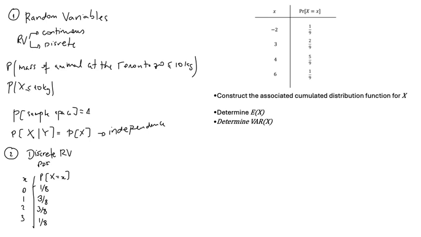What's the probability of your random variable being 1? Well, it's 3/8. What's the probability of a random variable being 2? 3/8 as well. What's the probability of your X being 3? Well, it's 1/8. Okay? So this is one example of a PDF.